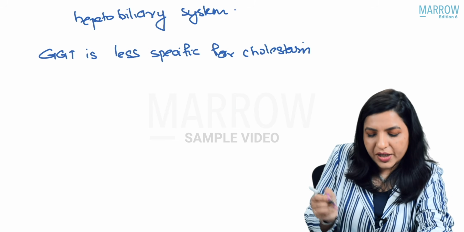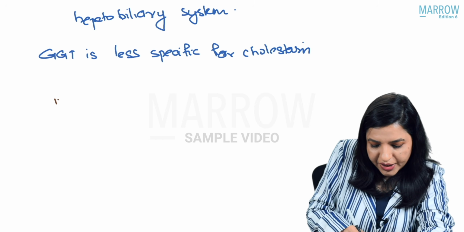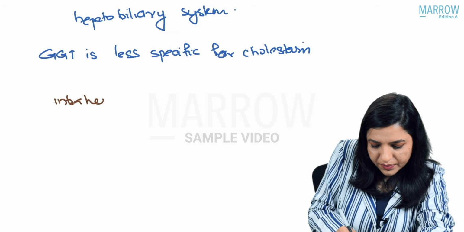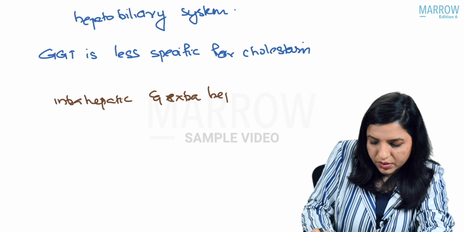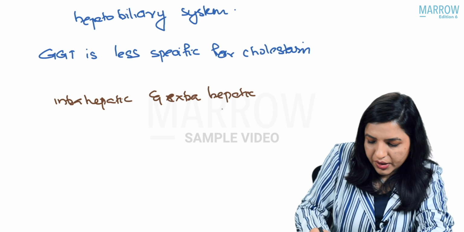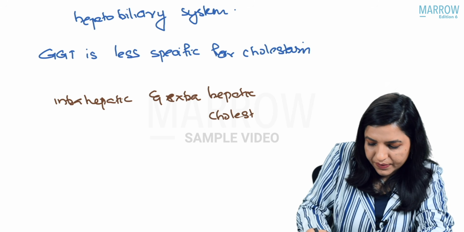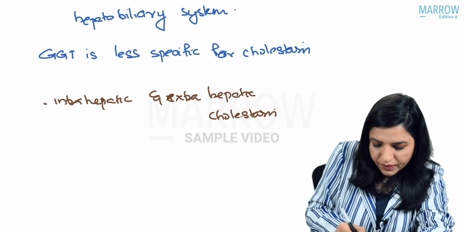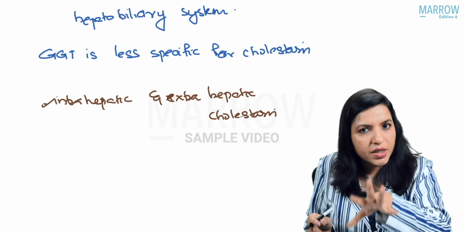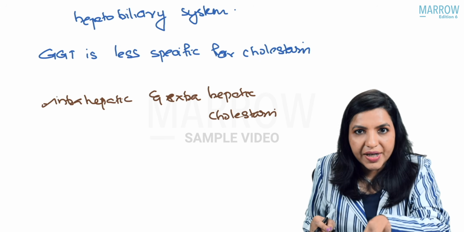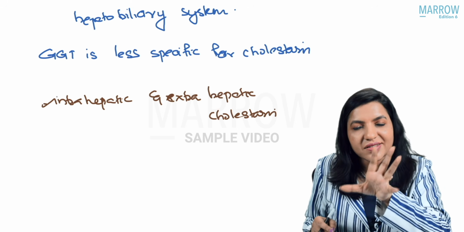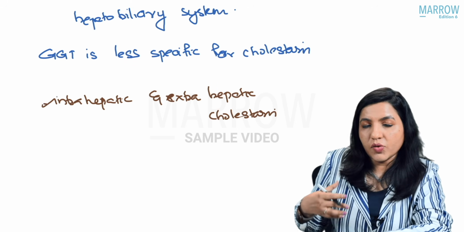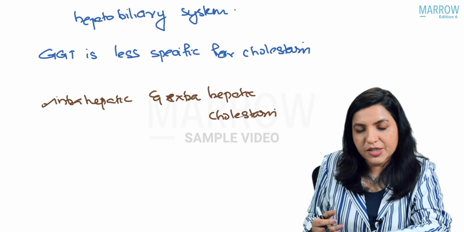It is more or less elevated in intrahepatic and extrahepatic cholestasis. So it is a marker of cholestasis, but compared with alkaline phosphatase and 5' nucleotidase, it is less specific.